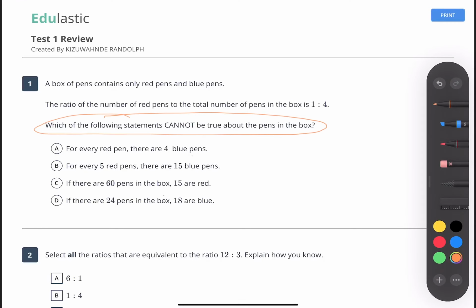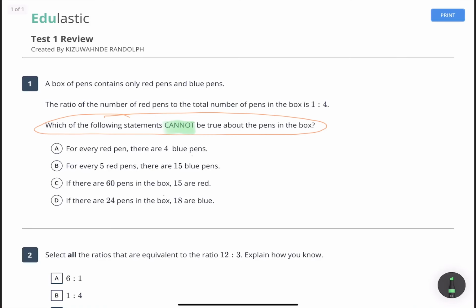If you read through questions quickly on the test, this question may trick you up because oftentimes people are asked to look for the true statement and not the false one. So I'm also going to highlight the words cannot be true because that is a key word. We want to make sure we're looking for the false statement in order to get the correct answer.